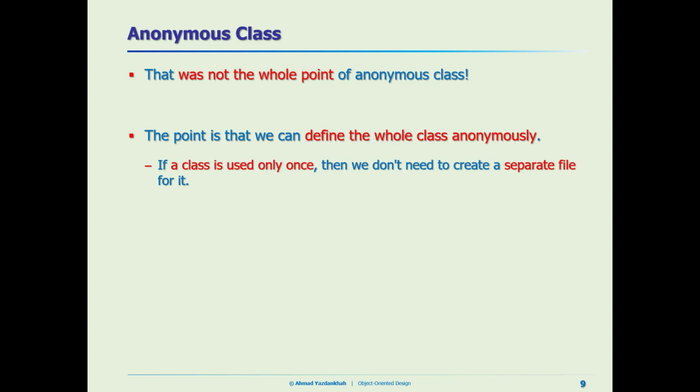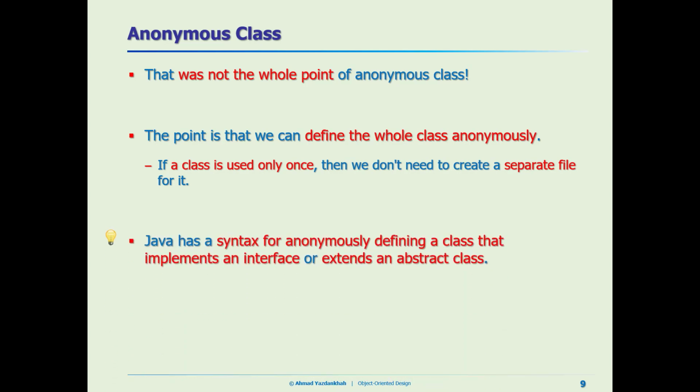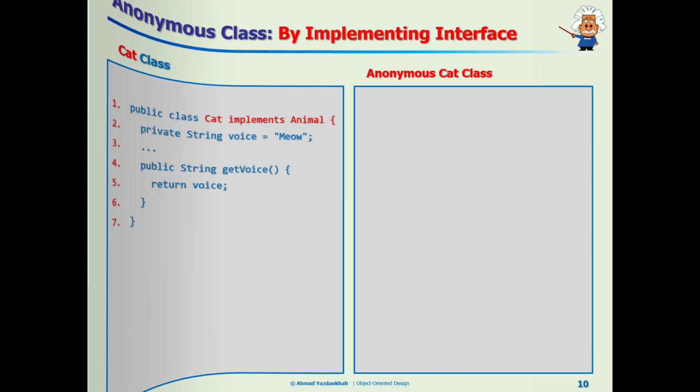Sometimes we don't want to have a separate file for something because we just need to use it once. So in that case, Java has a special syntax for this. You can implement an interface, or even extend an abstract class anonymously. Let me explain by an example.